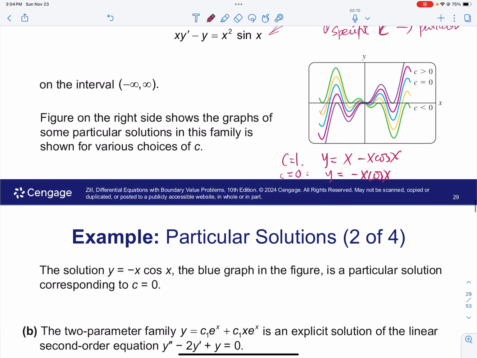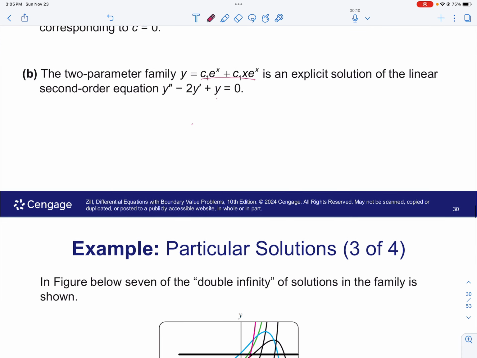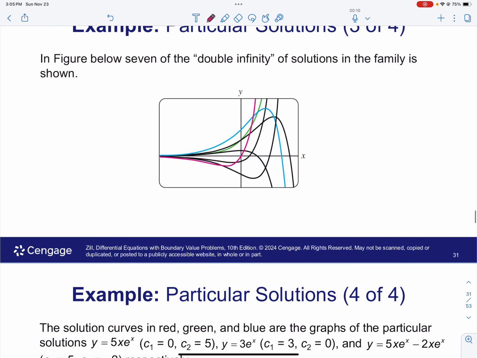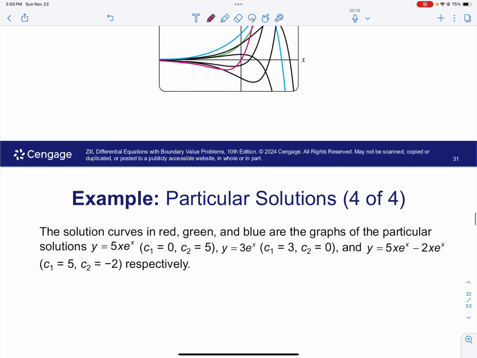Okay, so this is another example, this second order equation. We can choose a different C1 and a different C2. Are you with me?